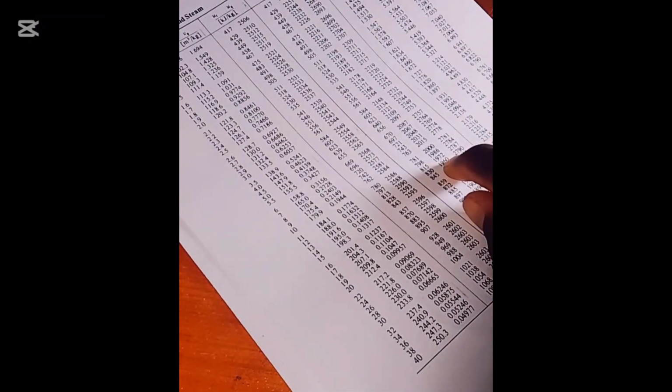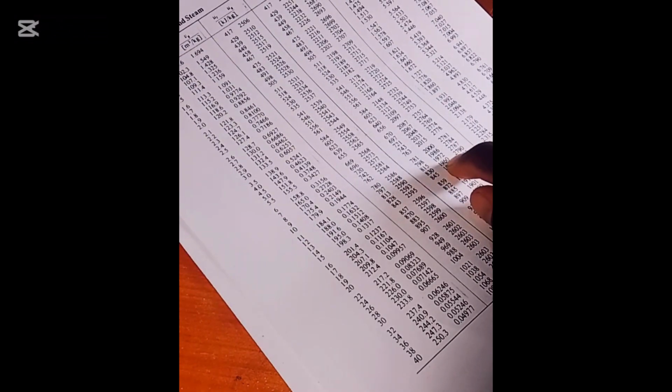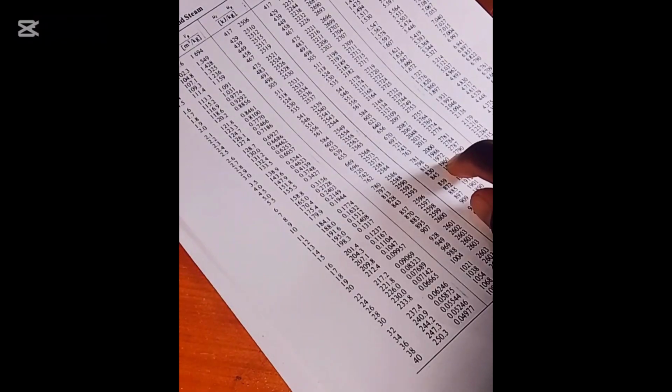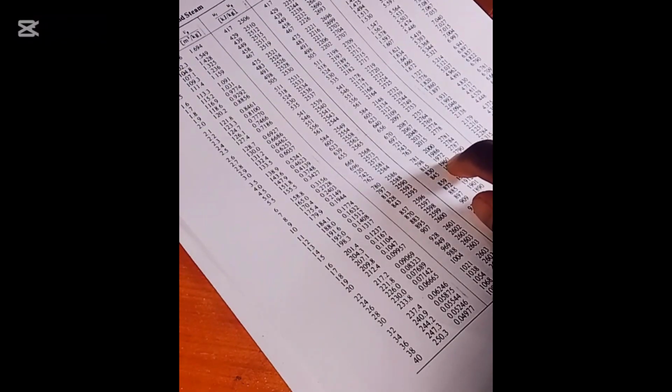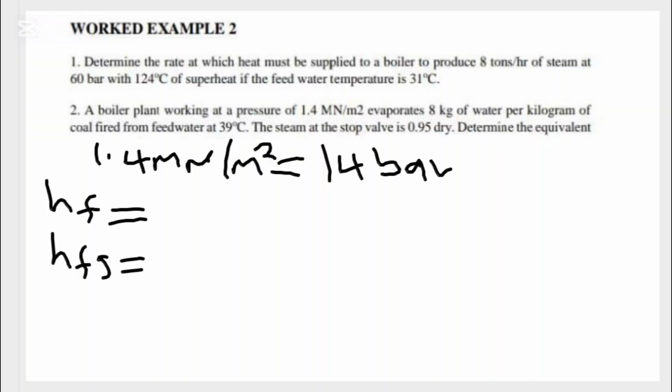So you have to take note of the values. My H of F is 830, and my H of FG is 1960. So I'm going to use the values H of F and H of FG to find my enthalpy, since I have the dryness as 0.95. So you have to take note of this. So I hope you see it.